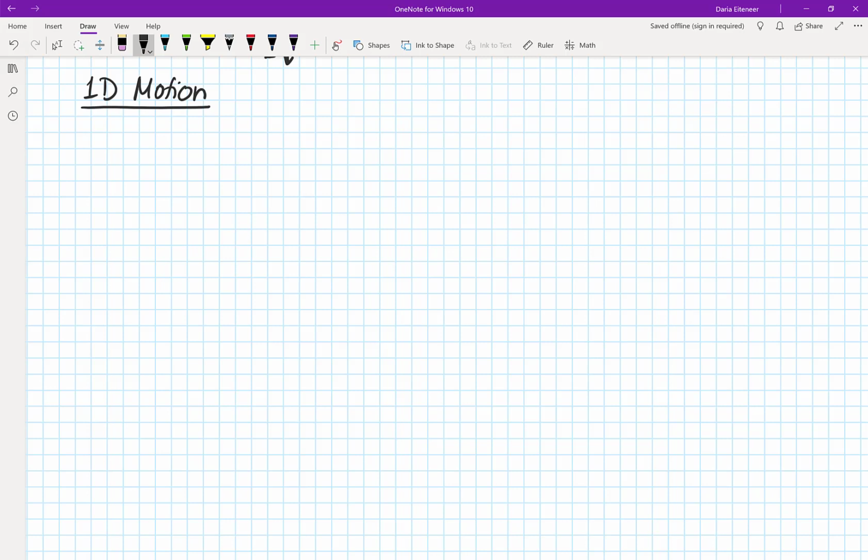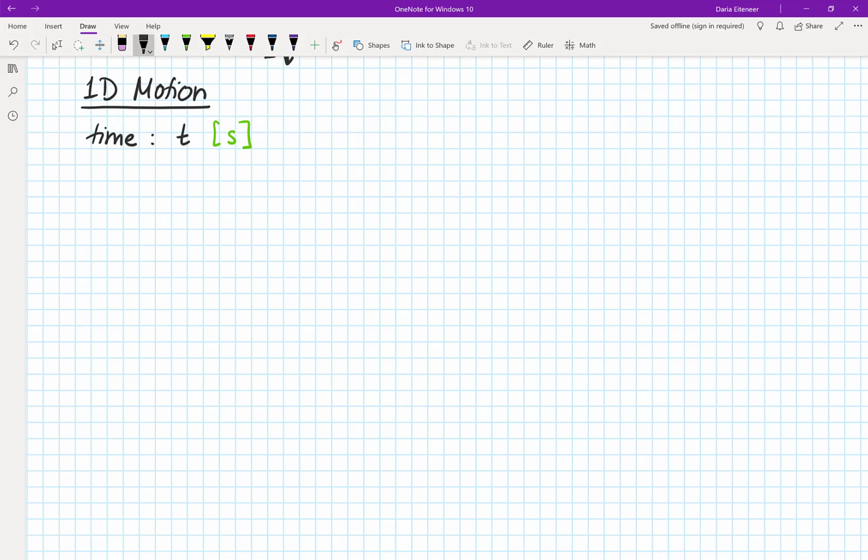What do we need to describe motion? Well, let's start with time. All of you know what that is, right? We use little t to represent time. I'm sure you know that too. The units are going to be seconds. I don't think I need to really define time, right? Everybody knows what that is and how to use it.